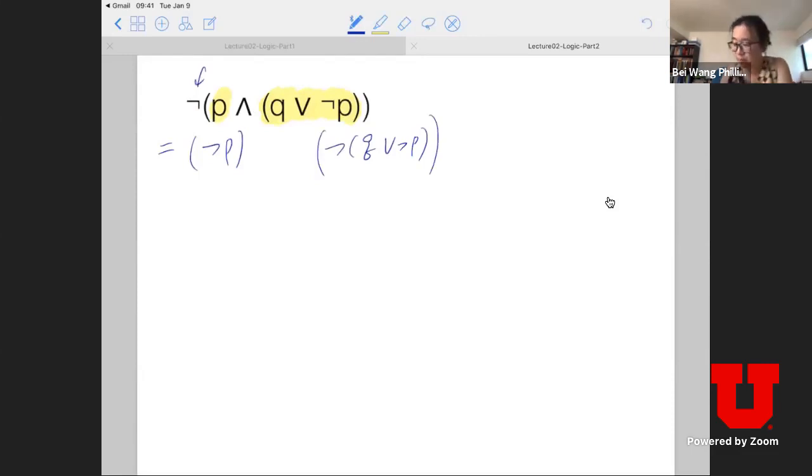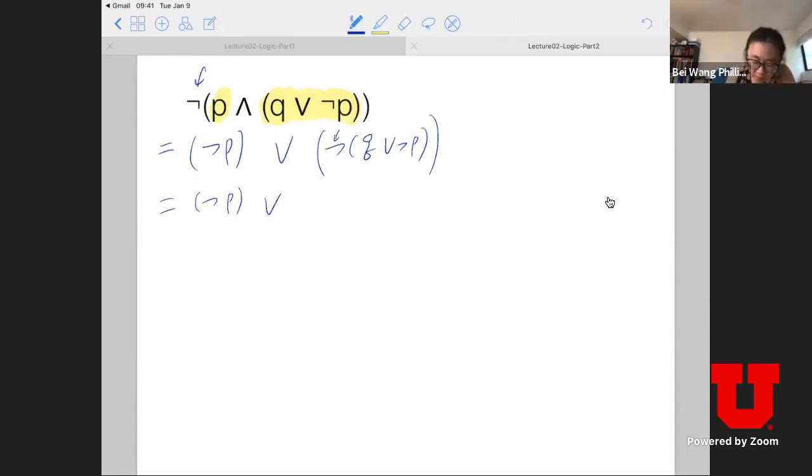And then I need to flip the operation. So now it becomes an OR operation. The first part doesn't change. The second part, now I have this negation symbol right here.